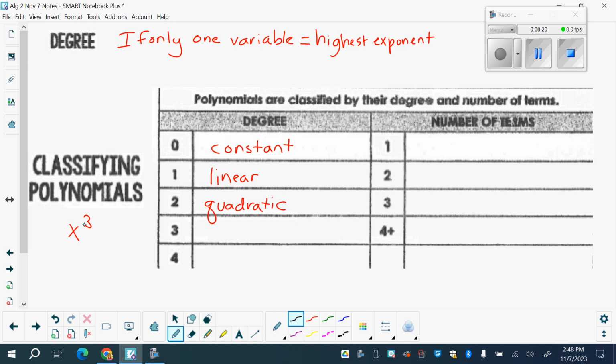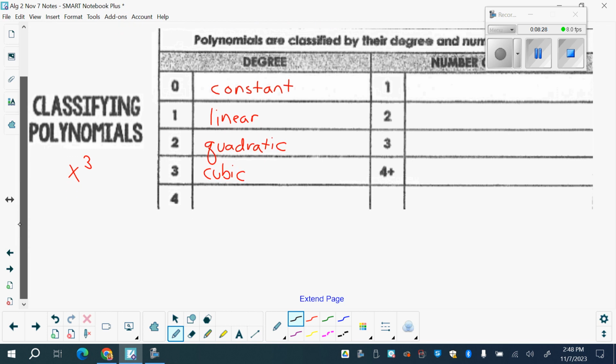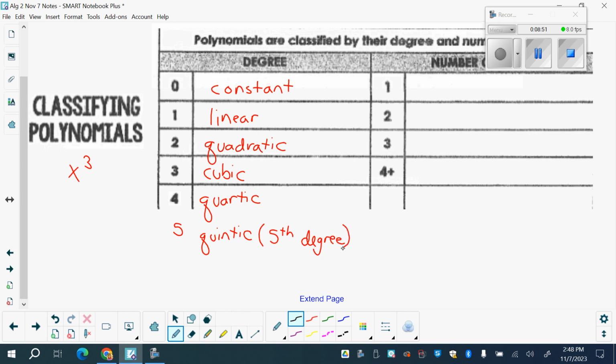What's another way we can say that exponent? Cube. So it's a cubic. If it's a degree of 4, it is called a quartic. If it's a 5, it's called a quintic. You can say 5th degree if you want. And anything higher than that, we just say what it is. So if it's a 7, it's a 7th degree. If it's an 8, it's 8th degree.